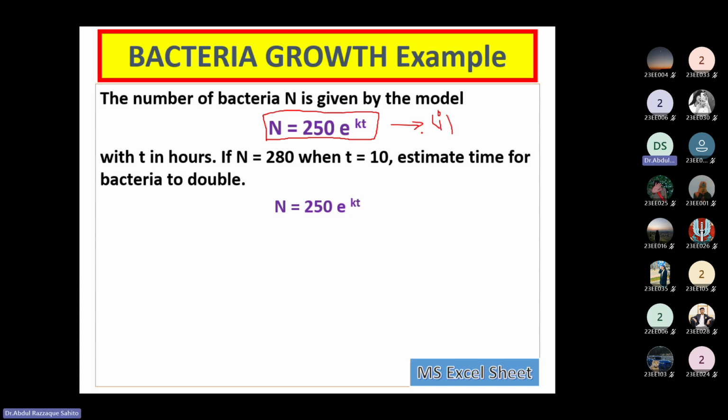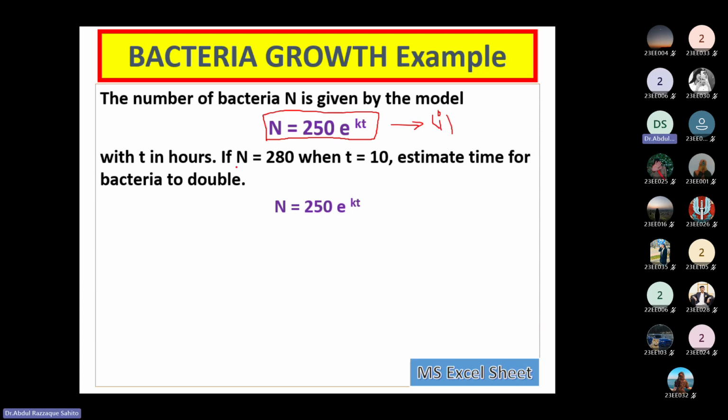Considering this equation, we have one initial condition given: after 10 hours, the bacterial population, where 250 is the initial population, increases to 280.